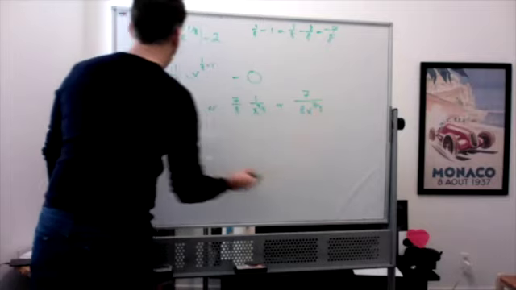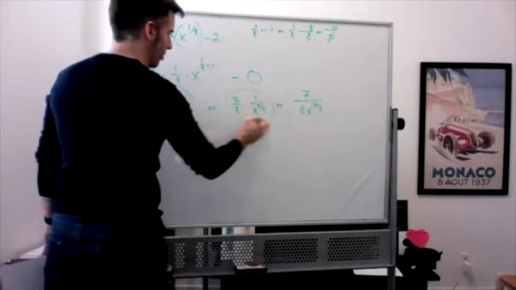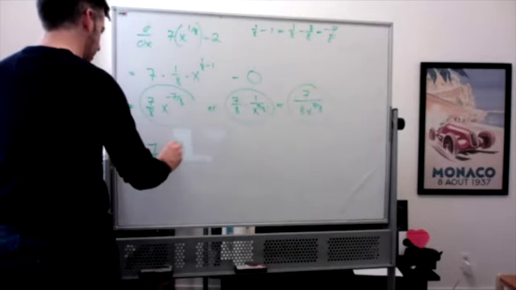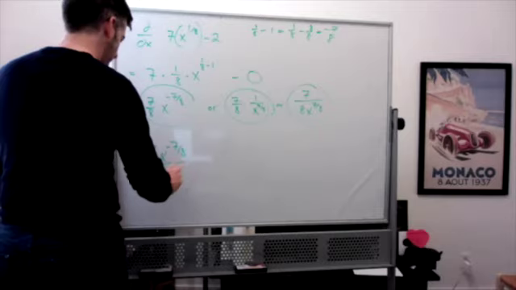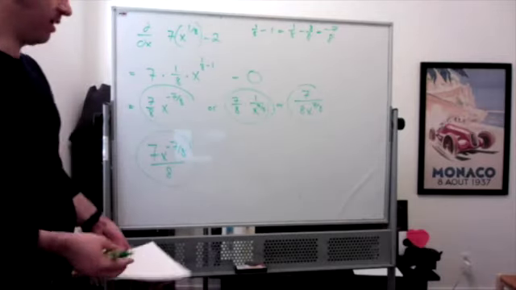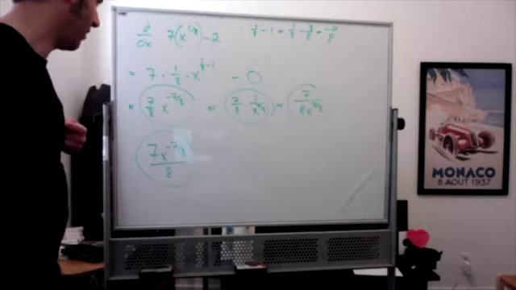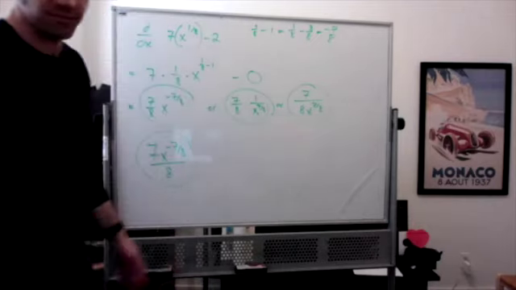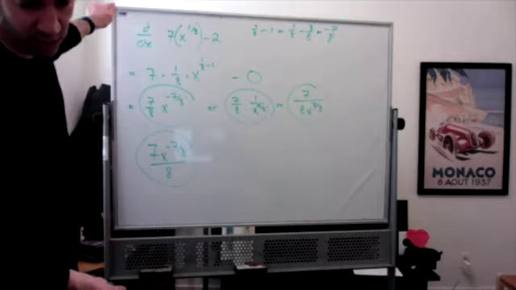Any one of these ways of writing it is correct. I suppose you could even write it as 7x to the negative 7/8 over 8. Any of these are fine. If I was doing it, I would probably write it as this or as this. But any of them are really okay.